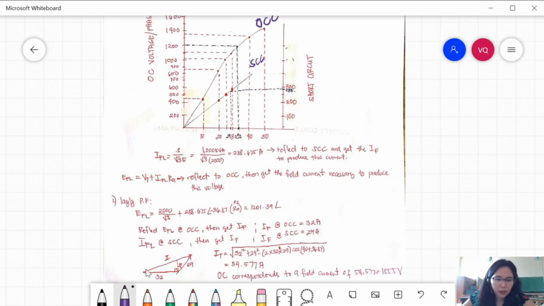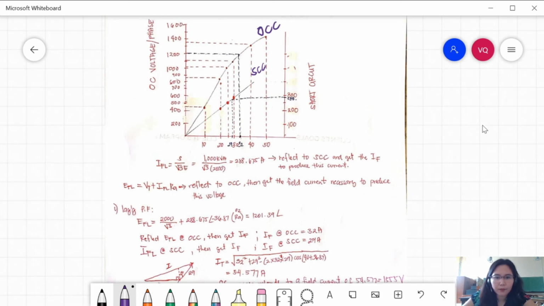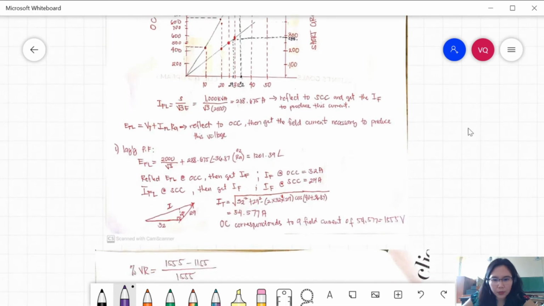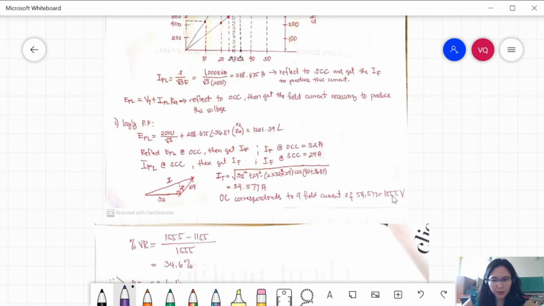So if we will put this triangle here, you will have 54.577 approximately here, 54, and then we will reflect it to the OCC curve. So you can extend our OCC. And if you will reflect the 54 something in our OCC, you will get approximately 1,555 volts.